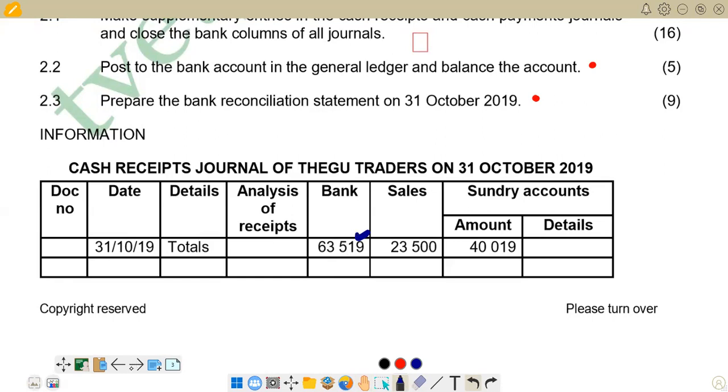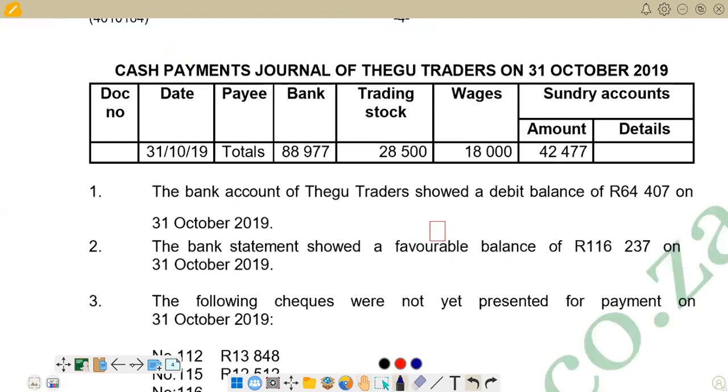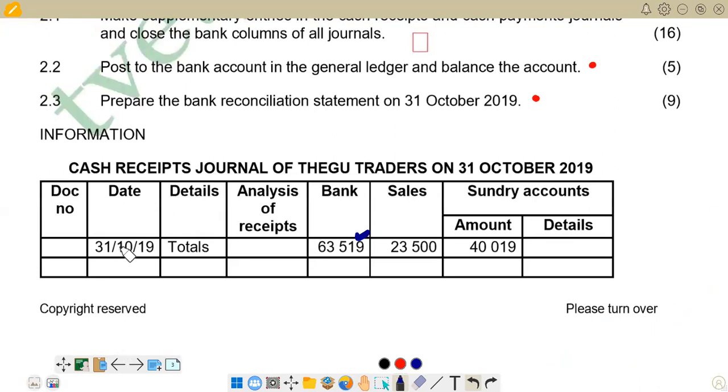So we go to our cash receipts journal and put 63,519, and on the date part, we also need to check the date that we are using. Remember, all these entries are being done at the end, which is 31 October 2019. So we are just going to use the day 31.